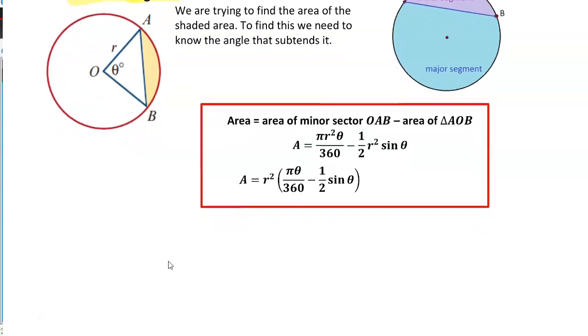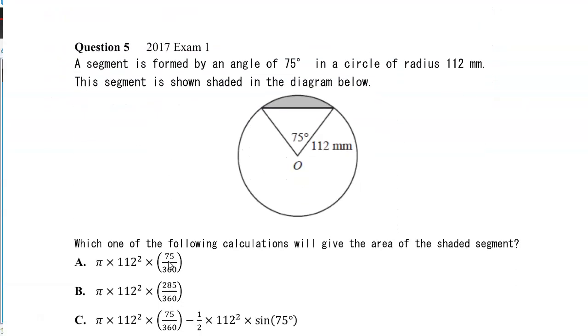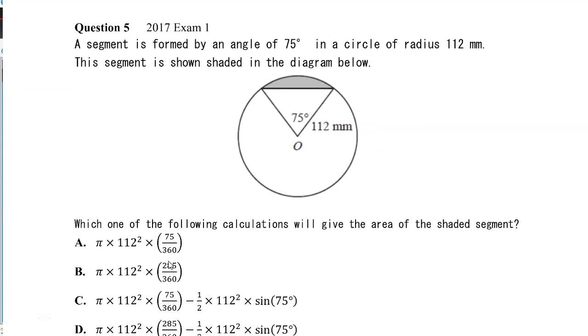So let's do one of these. So this is from the 2017 exam 1. So question 5. So again, that sort of middle difficulty is judged by the exam writers. So a segment is formed by an angle of 75 degrees.